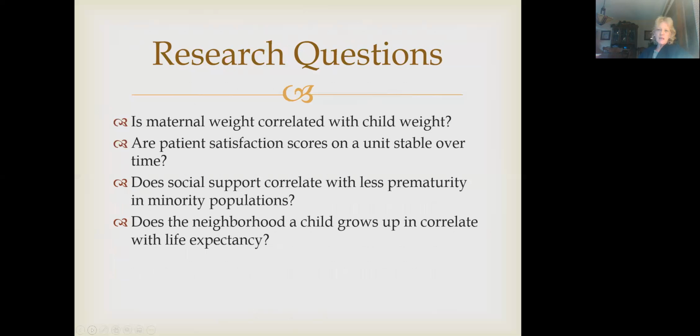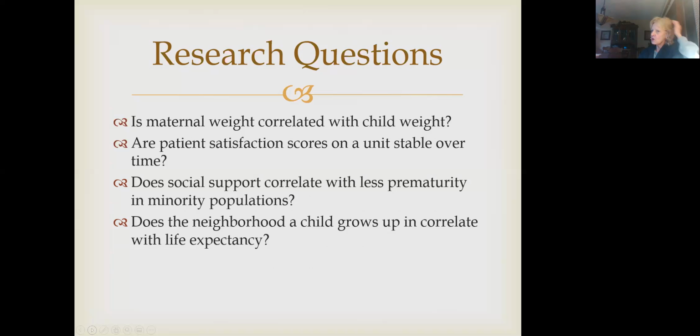So here's some examples of research questions that you might ask looking at these correlations and relationships this way. So is maternal weight correlated with a child's weight? And the answer is yes, it is. But that's something you could explore with correlation. Are patient satisfaction scores on a unit stable over time?